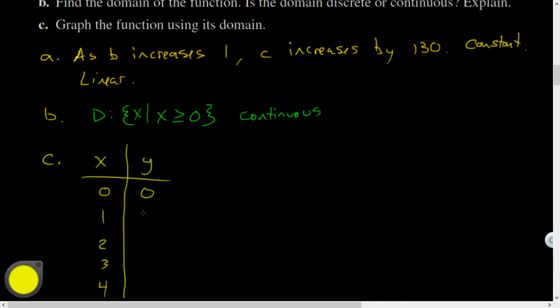If I eat 1, I get 130. If I eat 2, I get 130 more than that, so that would be 260. If I eat 3, I get 130 more than that, so that would be 390. If I eat 4, it's 130 more than that, so that's 520, etc.